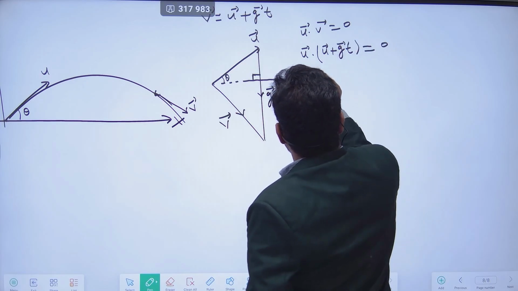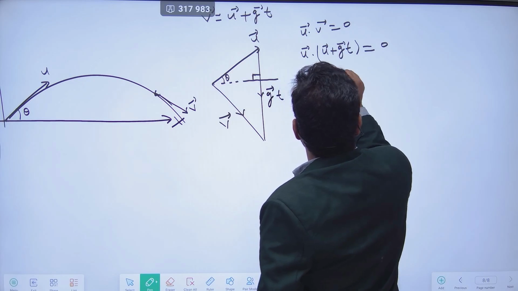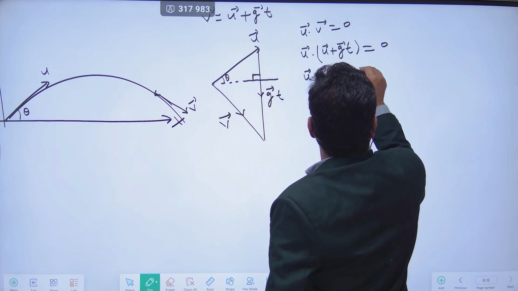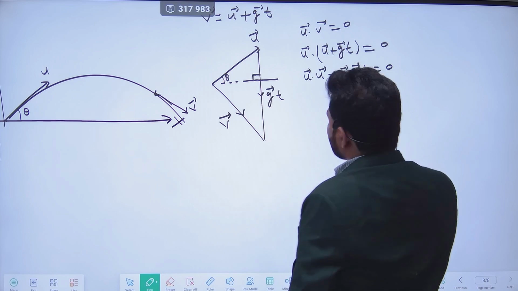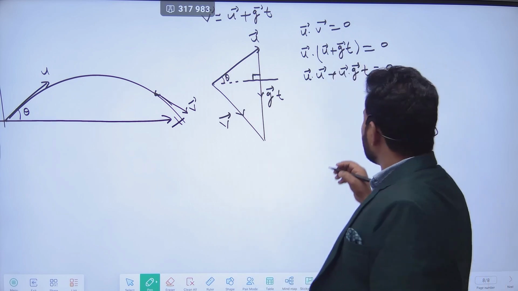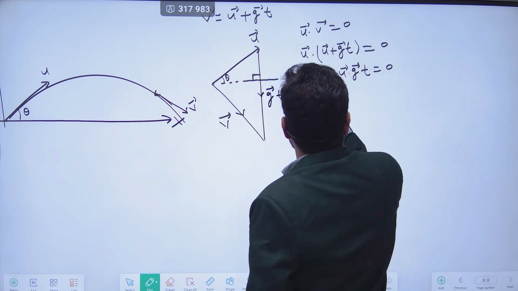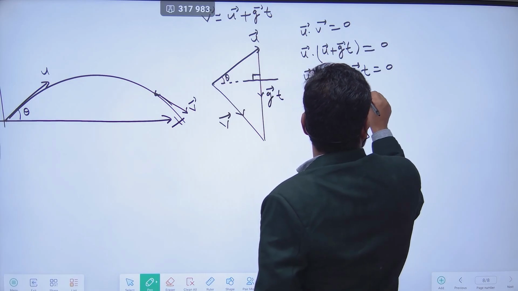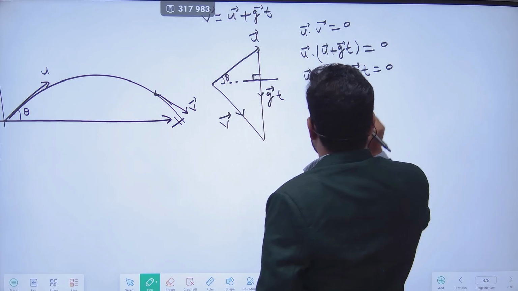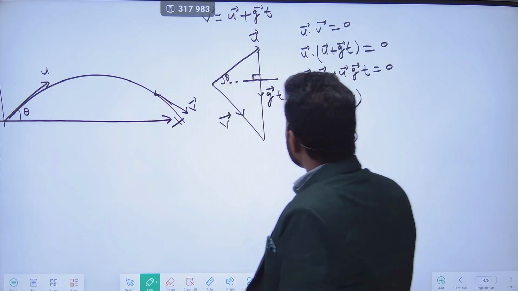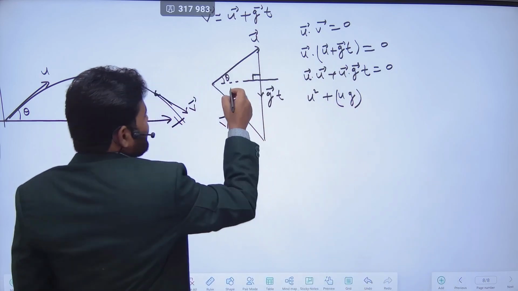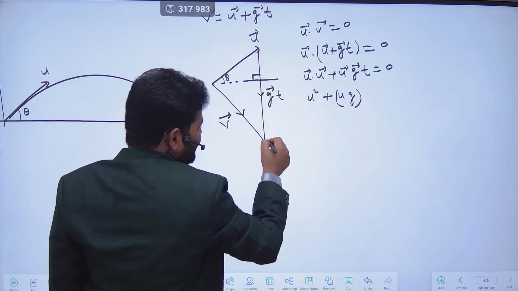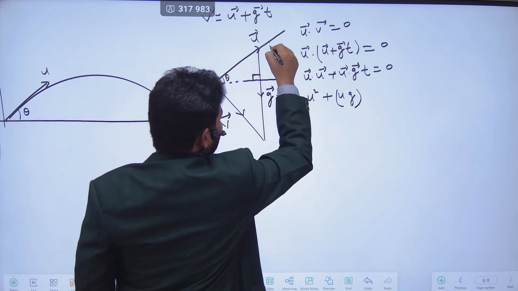So taking the dot product, u dot u plus u dot g into t is equal to 0. Here u dot u is equal to u square, plus u into g into cos of the angle between them. But how can we calculate the angle between these two vectors? This is your u and this is your g vector.